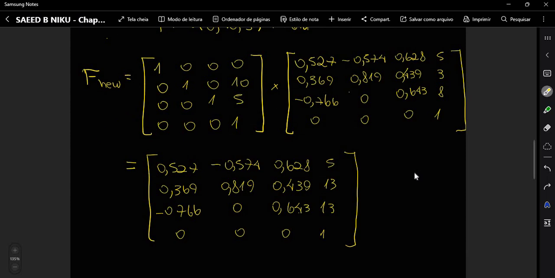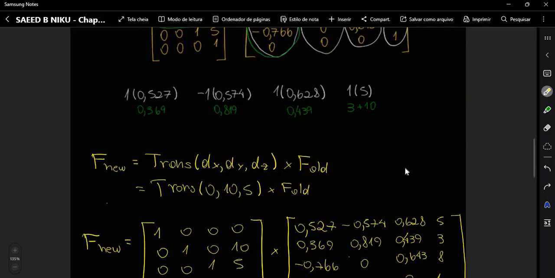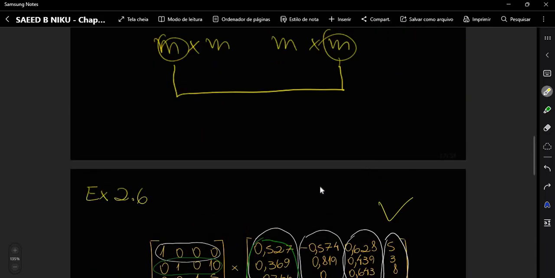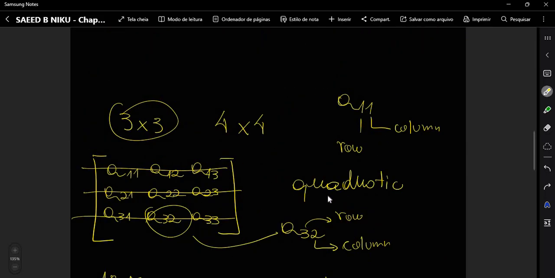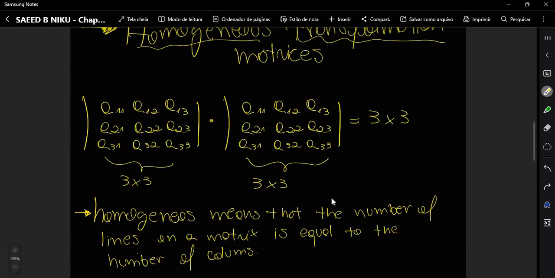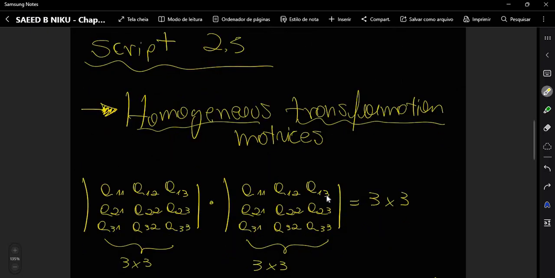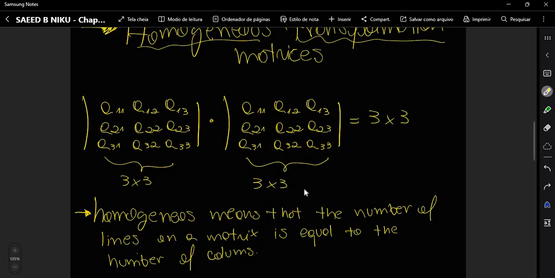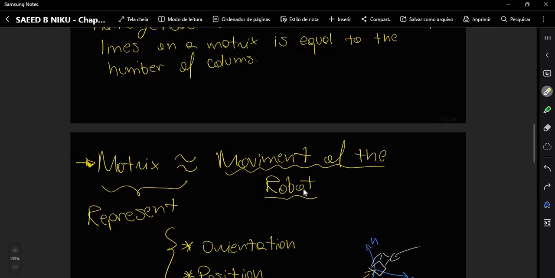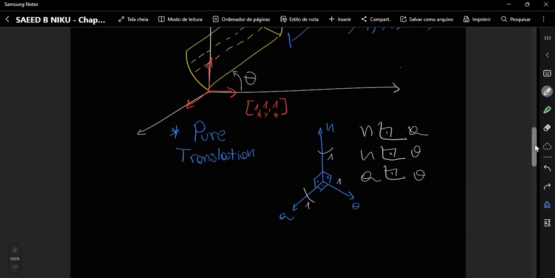So topic 2.6 is about transformations, and we saw that transformations can be a pure translation or a rotation or both of these two transformations at the same time.